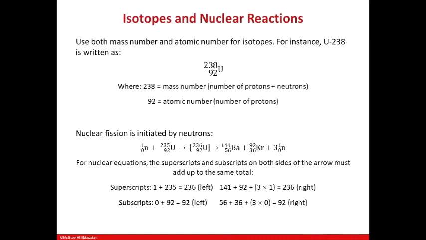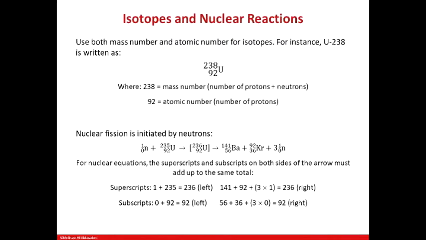Now, when we talk about nuclear reactions, we have to think about isotopes, and we call them radioactive isotopes. For instance, U-238 is written as such.